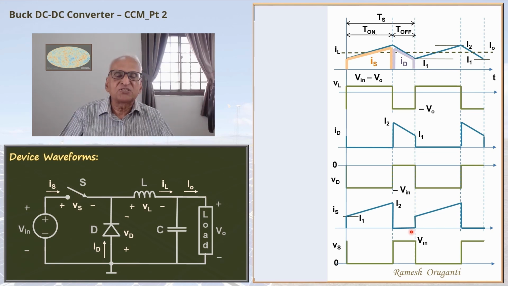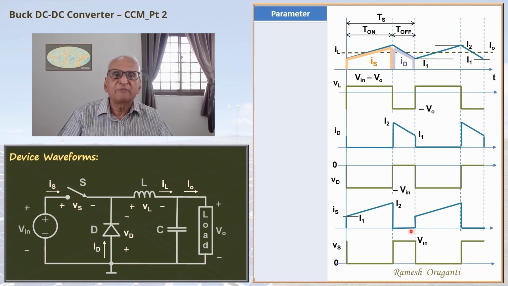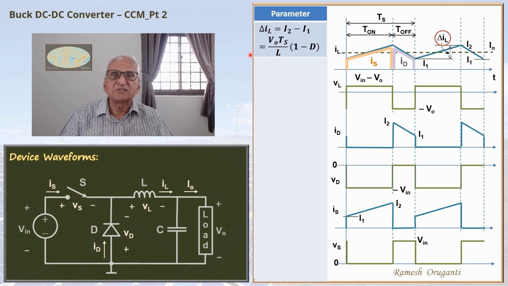Next, I will list the algebraic expressions for the various parameters of operation. First is delta IL. We have already seen that it is I2 minus I1, which equals V naught Ts by L times 1 minus D, and this is delta IL.